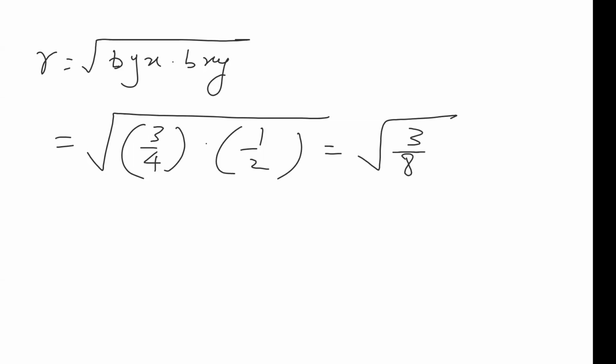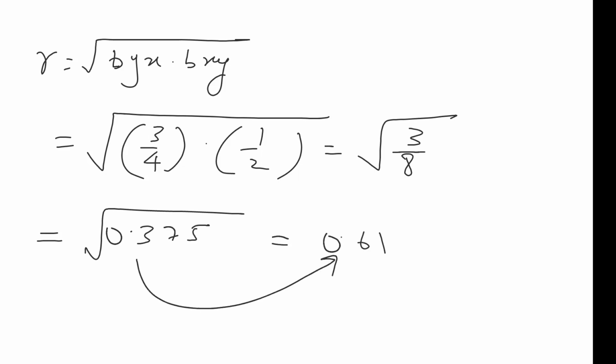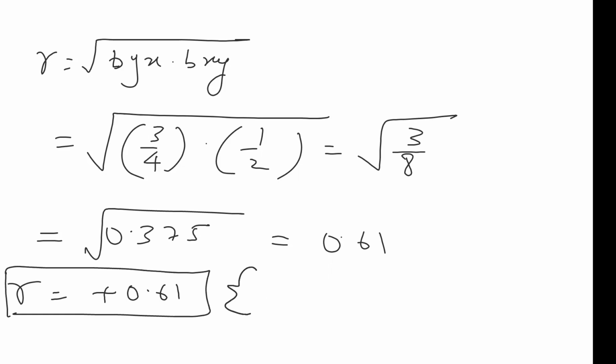Now if you divide 3 by 8 manually, you will get 0.375, and the root of 0.375 is 0.61, and this value is given to us. But the presentation of the final answer should be very clear. r is equal to plus 0.61, and you should write beside it: r is positive since byx and bxy are positive.